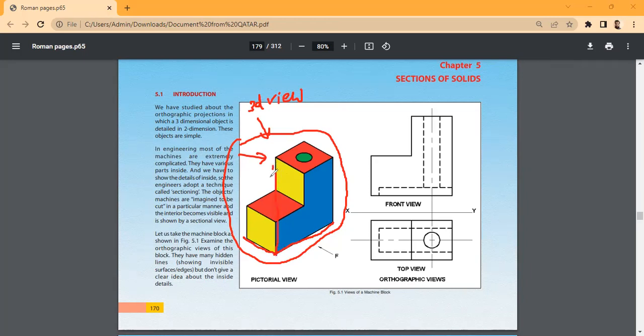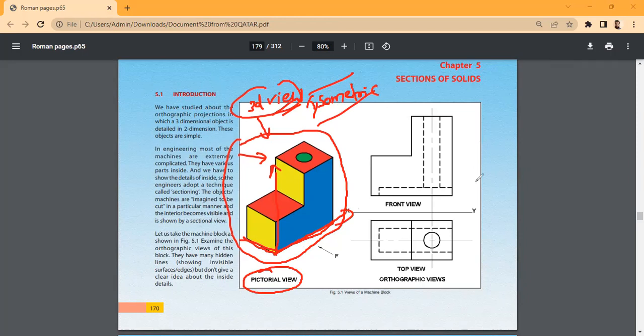So that is called a 3D view, or it is also known as pictorial view, or isometric view. Okay, so 3D view, pictorial view, or isometric view, all are same.